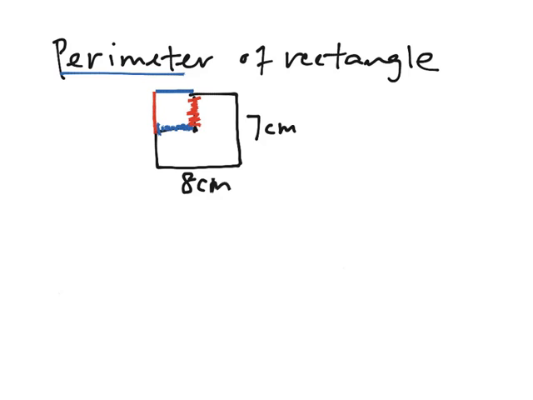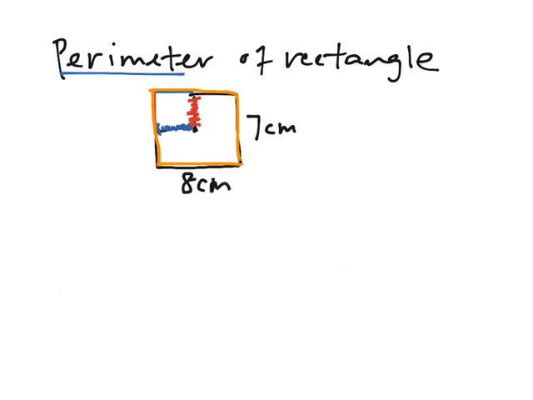So what have I formed? Look, I have actually formed a rectangle, right? So can I now find the perimeter of this rectangle? Remember, I didn't change anything.